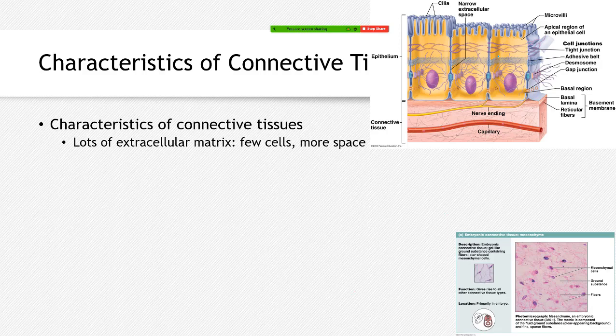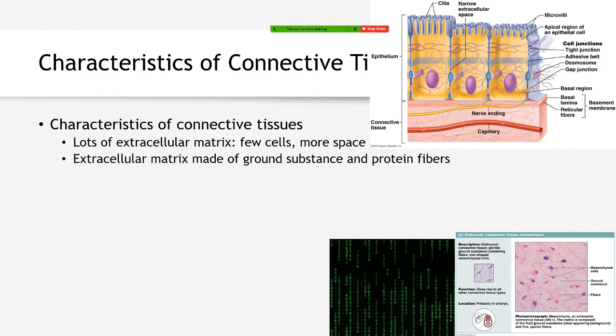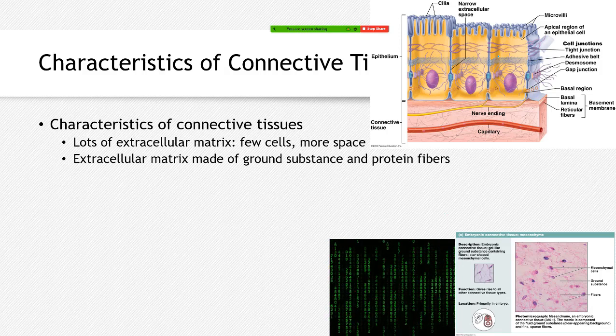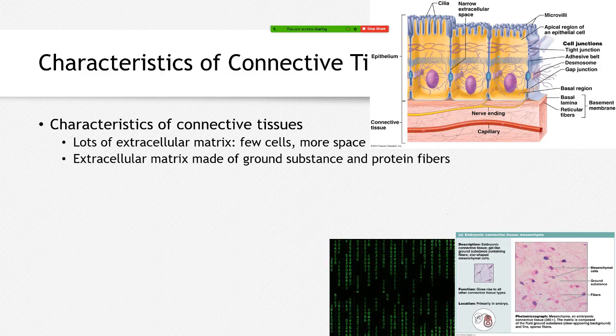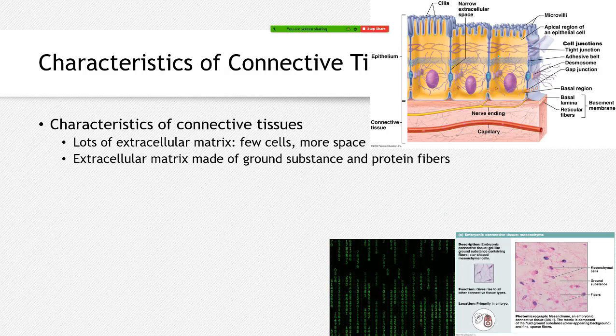If you remember, extracellular matrix is the stuff outside of the cell, whether it's the fluid or structures outside of the cells. So fewer cells and more space. Extracellular matrix is the fluid, also called the ground substance, and also the structures, which are the fibers.